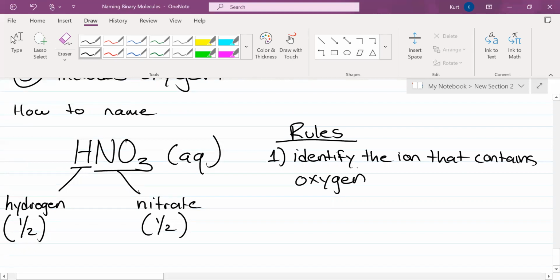In this particular example, what is the ion that contains oxygen here? Nitrate is correct. Very good.